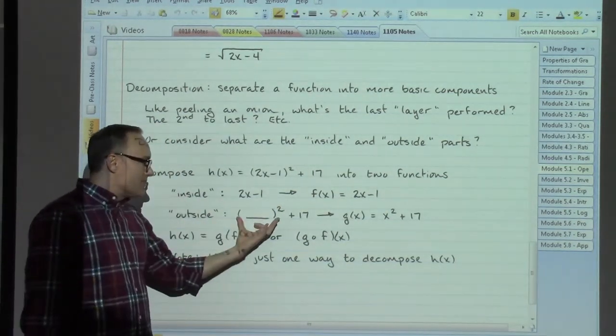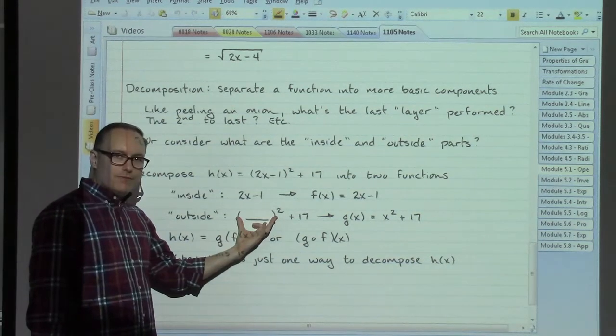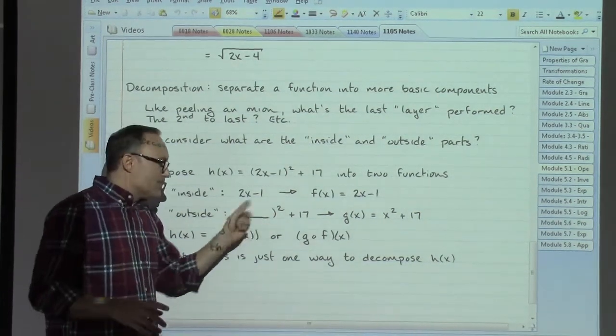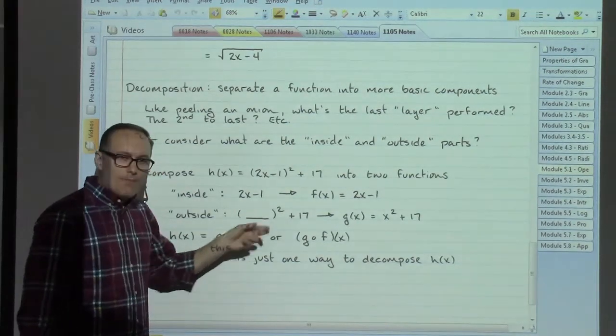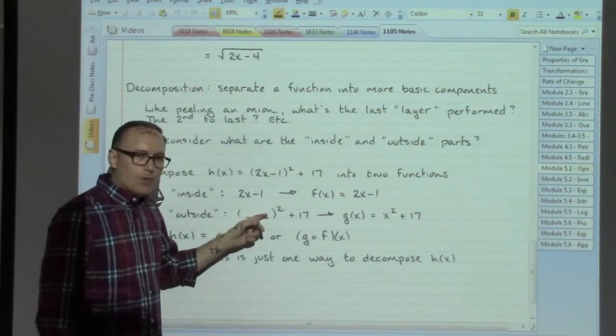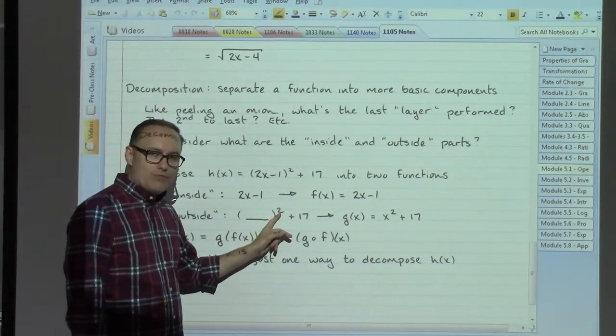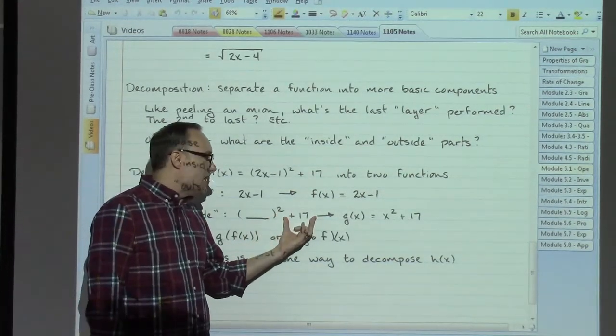The outside, so we've got stuff, well, we already worried about what's inside the parentheses. So we don't have to worry about what's inside the parentheses anymore. We have to worry about what's outside the parentheses, where we have a power of 2 and a plus 17.